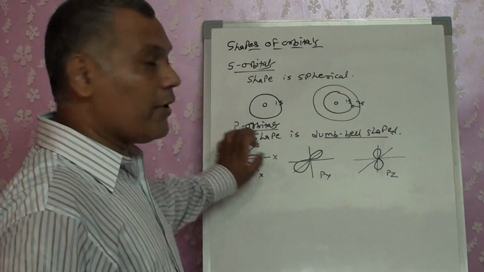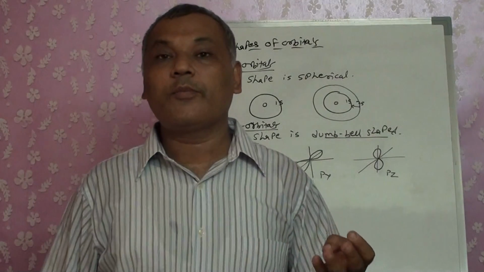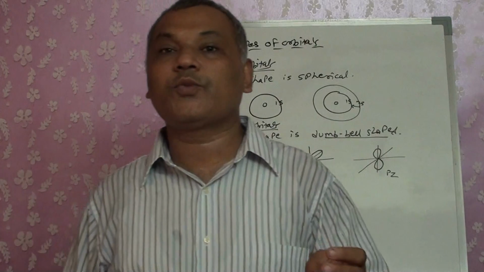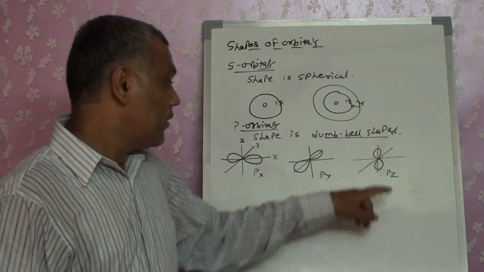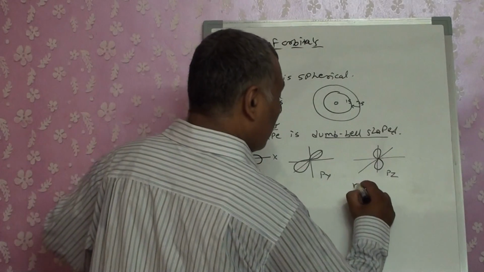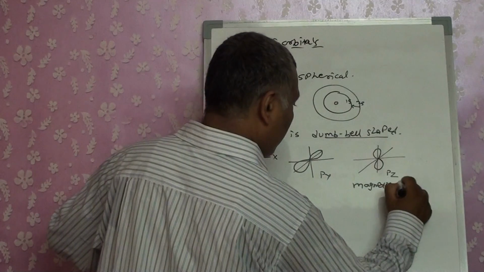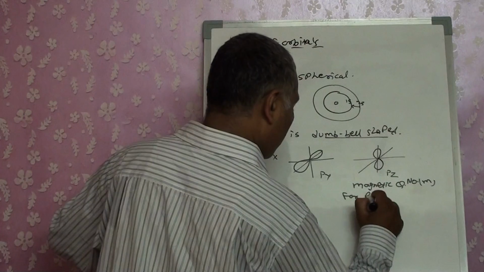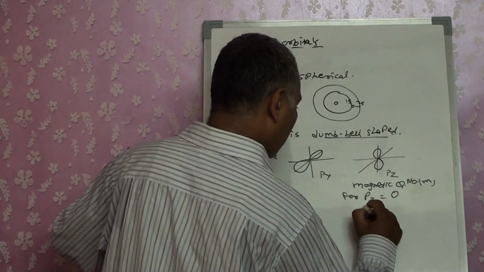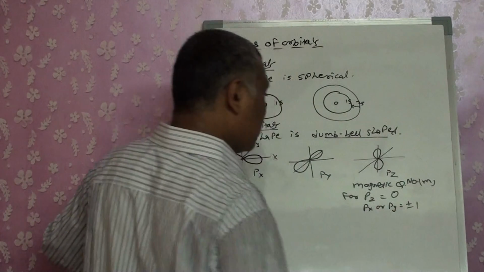That means p orbitals have three suborbitals, which in the quantum number we term as +1, 0, -1, the magnetic quantum number m. For pz, 0; for px or py, plus or minus 1.